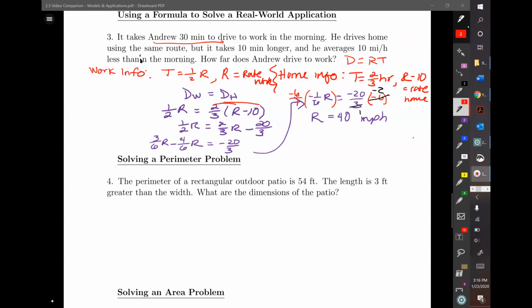Half R becomes 3/6 R. Then I subtract the 2/3 R from both sides, getting an equivalent fraction with a common denominator. So I have 3/6 R minus 4/6 R equals negative 20/3. Then I simplify each side, multiply by the reciprocal, and I get R equals 40 miles per hour.